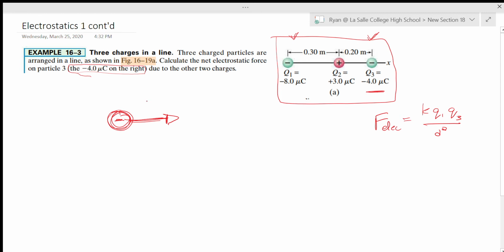It has a negative on the other side, so it wants to be repelled, like charges repel. Okay, so let's call this force the force on charge 3 coming from charge 1. And in order to figure that one out, we just plug in the numbers.